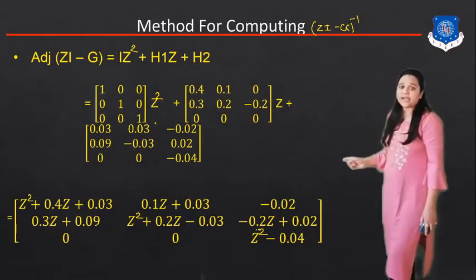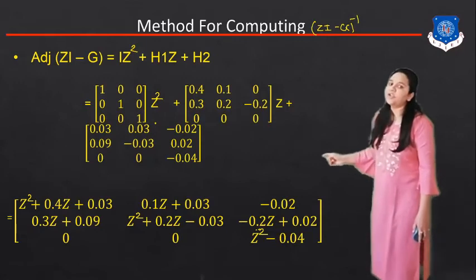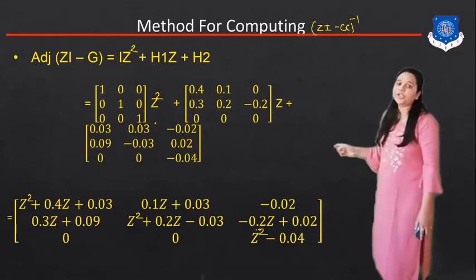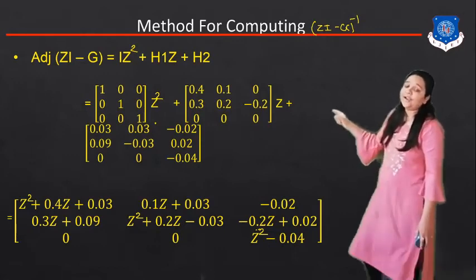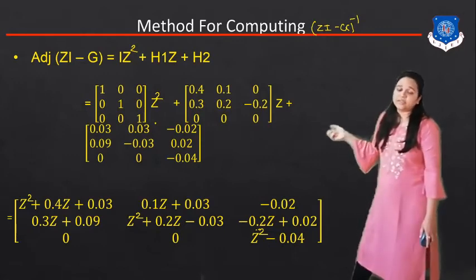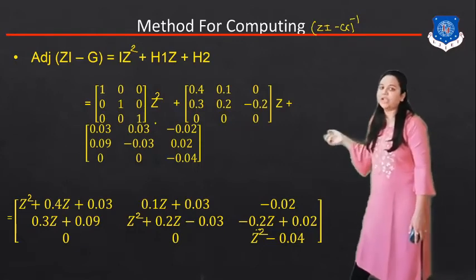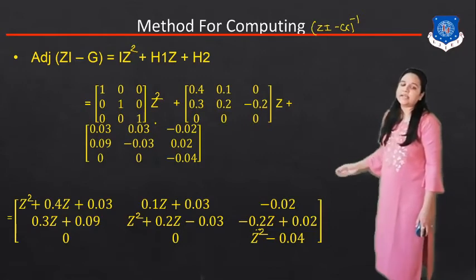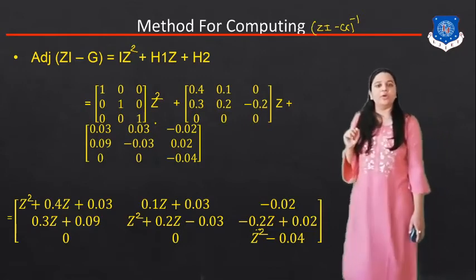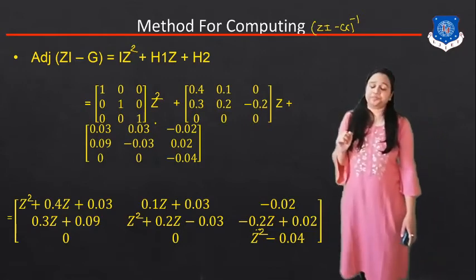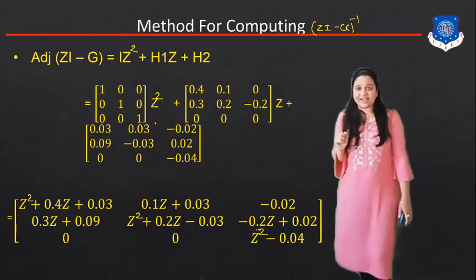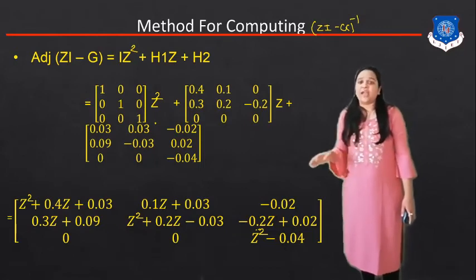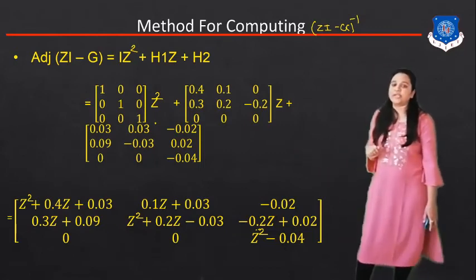The next is Z square plus 0.2Z minus 0.03, and the next is minus 0.2Z plus 0.02, because here you can see that in the I matrix the Z square will be multiplied with the 0. Now in the last row, we can get 0, 0 and Z square minus 0.04. Okay, so using the equation of adjoint of zI minus Z and using the values of H1, H2, we can find the value of adjoint of zI minus Z.